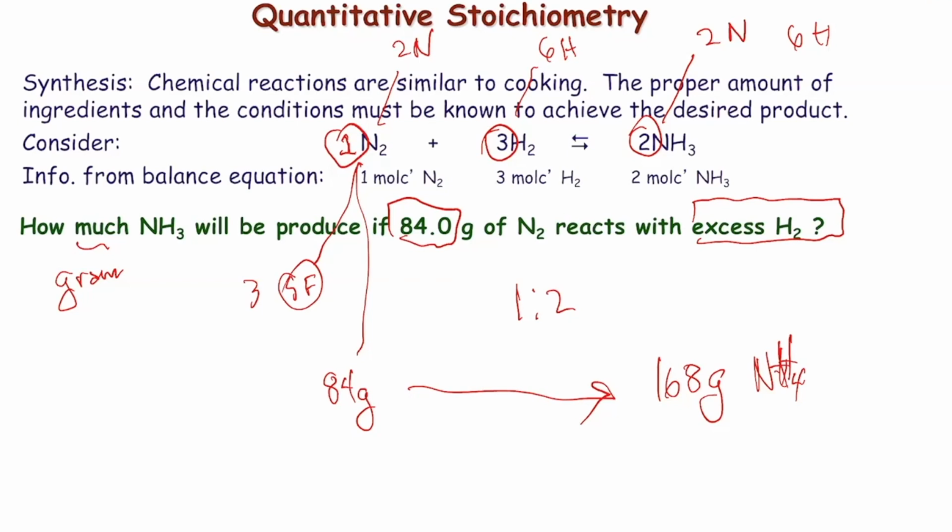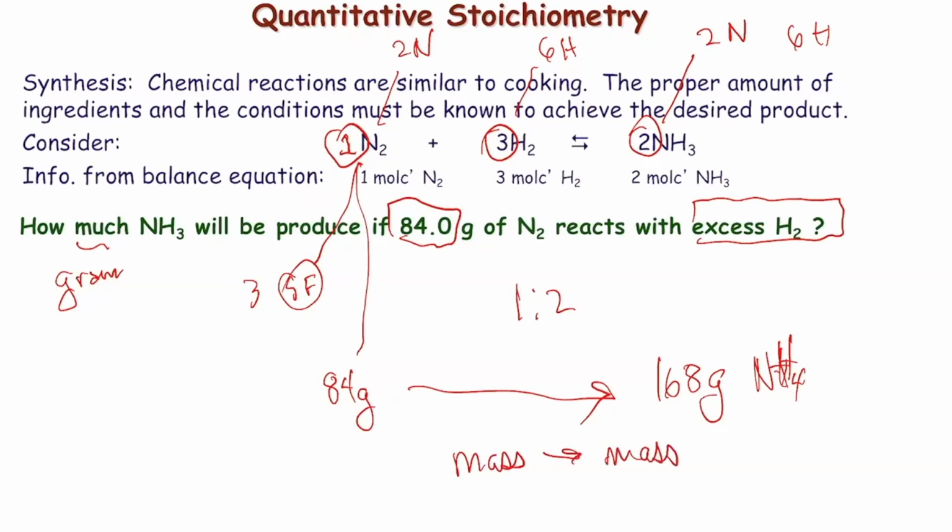The nitrogen molecules will produce twice as many ammonia molecules, but the 84 grams is not going to give you 168 grams, okay? That's because the nitrogen needs to bring in hydrogen for the ammonia to be produced. So don't ever do mass to mass.